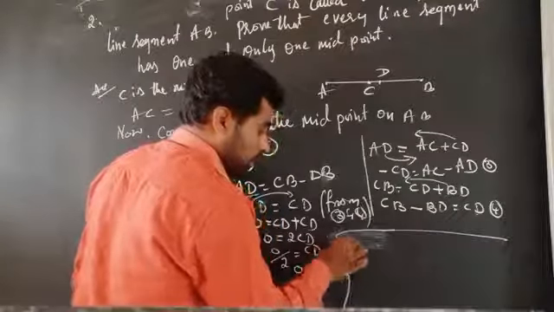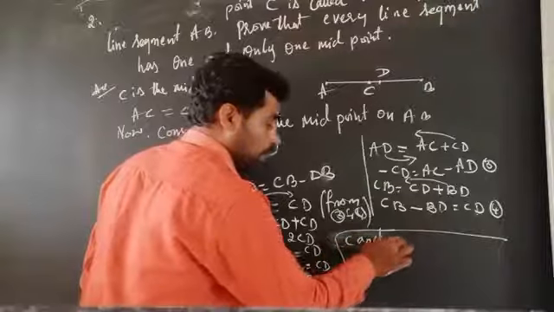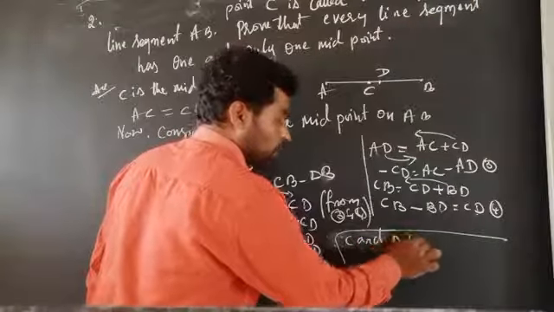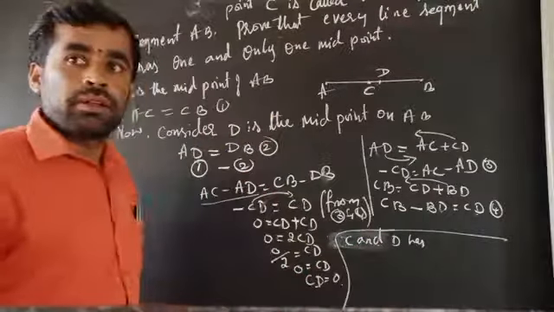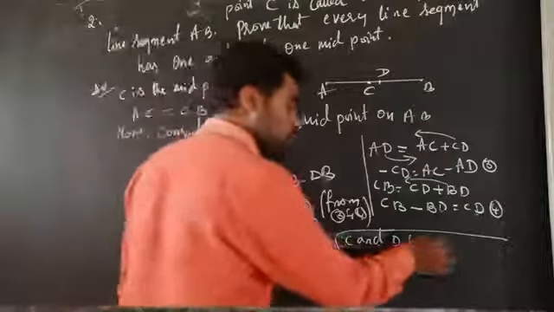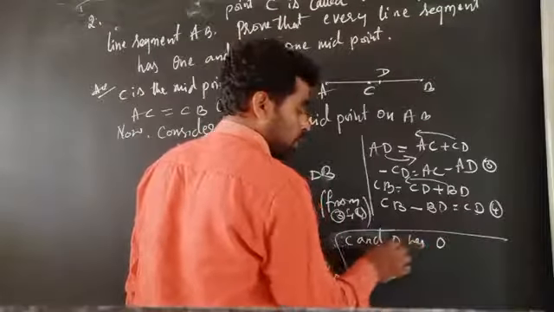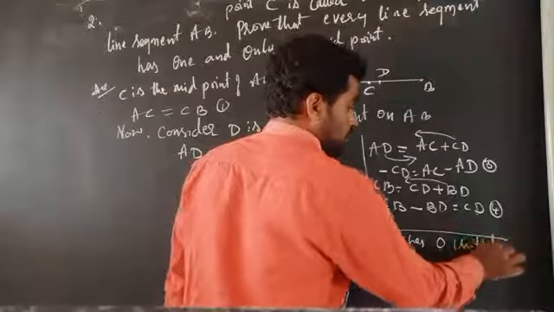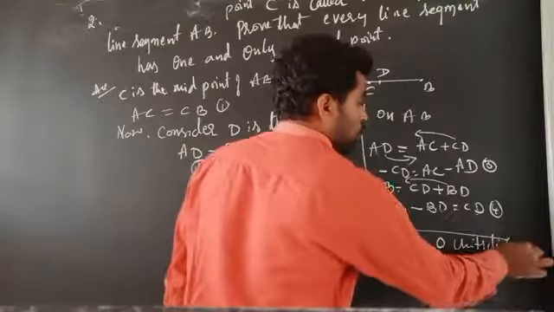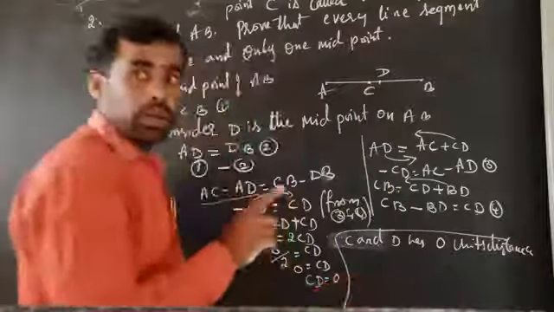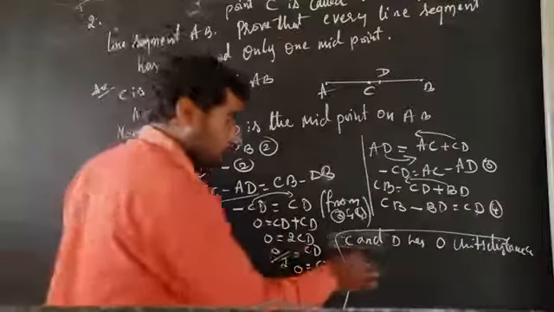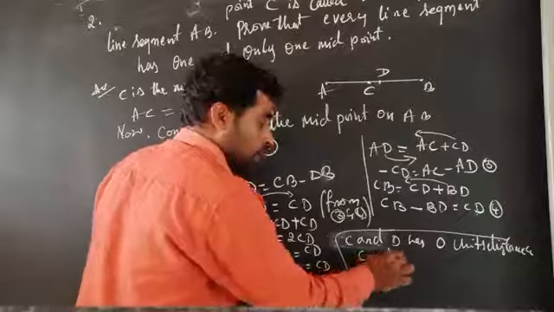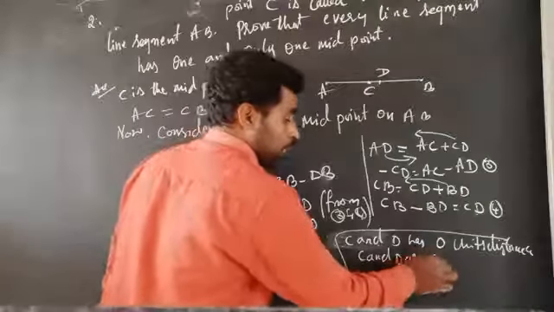That means C and D have 0 units distance. Therefore, we can conclude C and D coincide.